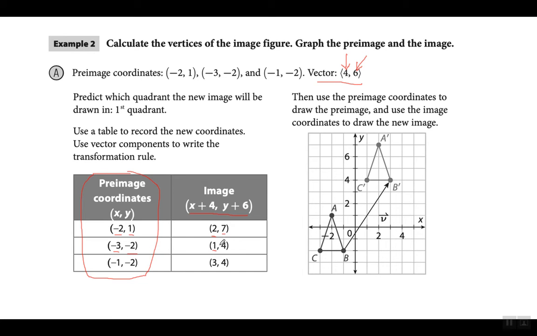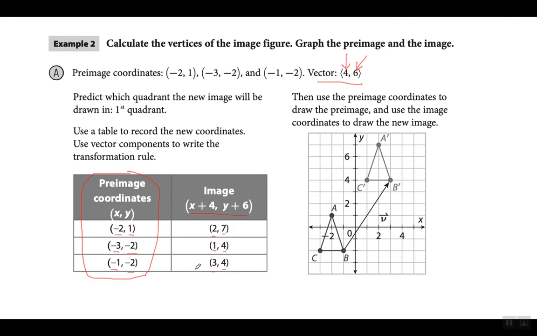Negative 2 plus 6 is positive 4. And the last one, the x coordinate is negative 1. The vector is telling me that whatever x is, I have to add 4 to it. Negative 1 plus 4 is positive 3. The y coordinate is negative 2. Whatever y is, I have to add 6 to it. So negative 2 plus 6 is positive 4.